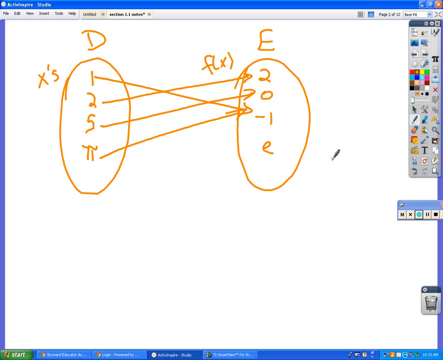These things can only go to one place, but you can use these things more than once. These are your inputs, these are your outputs. You could have two different inputs give you the same output, but you can never have the same input coming... the same input give two different outputs.